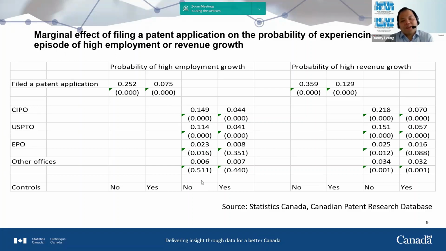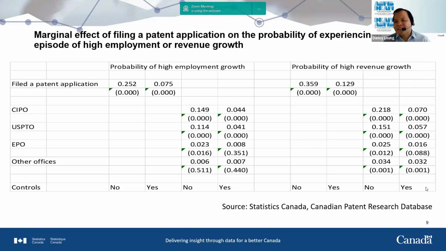But the focus here was to look at whether it mattered when you filed into Canada or the US, and in the end, it doesn't. Once you control for the observables, the correlation between filing a patent in one of these offices and the probability of experiencing a period of high growth is very similar, like 4.4% and 4.1%.